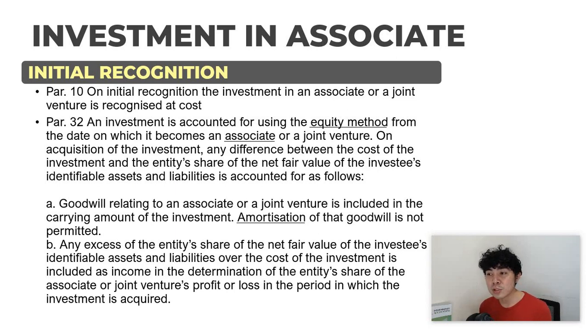Then the amortization of that goodwill is not permitted. Then letter B, any excess of the entity's share of the net fair value of the investee's identifiable assets and liabilities over the cost of the investment is included as income in the determination of the entity's share of the associate or joint venture's profit or loss in the period in which the investment is acquired.